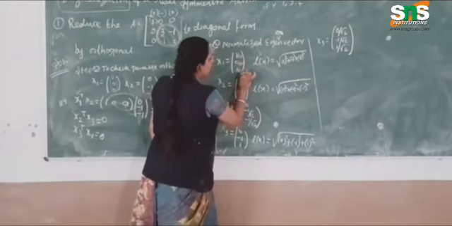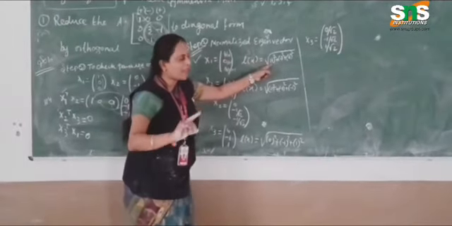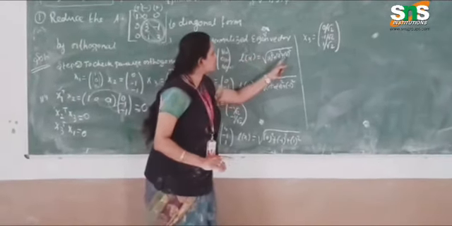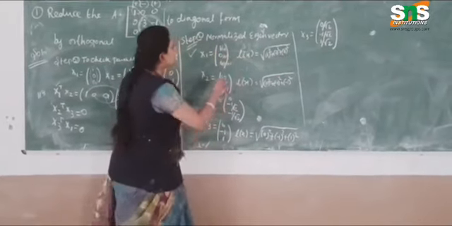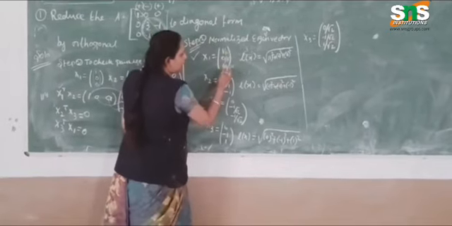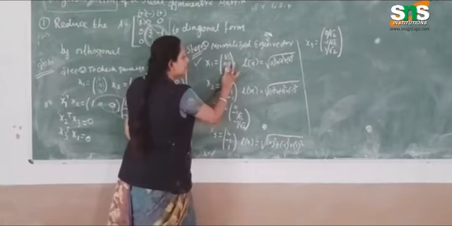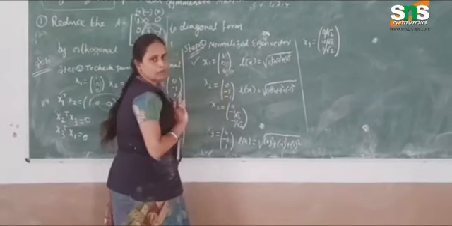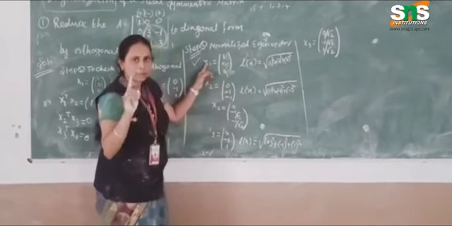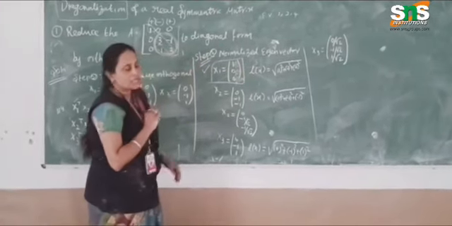What is L of x? L of x is the square root of the sum of the squares of every element. So 1 square, 0 square, 0 square is 1, and we divide by 1. 1 divided by 1 is 1, 0 divided by 1 is 0, 0 divided by 1 is 0. So the first normalized eigenvector is 1 0 0.